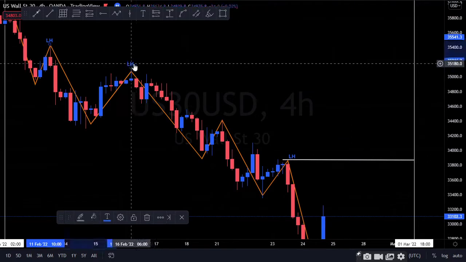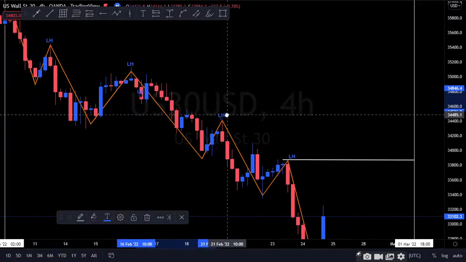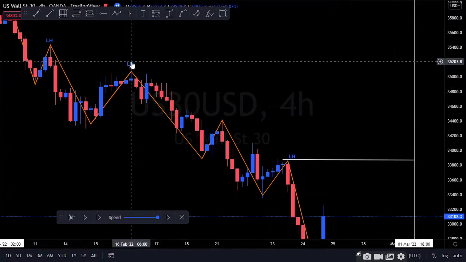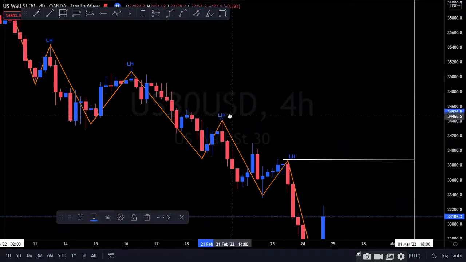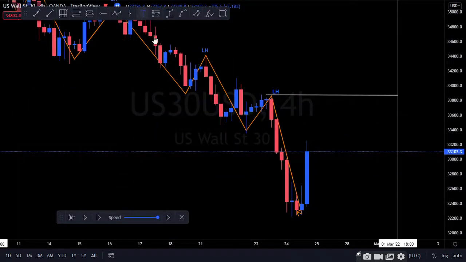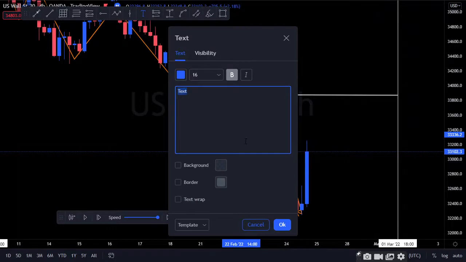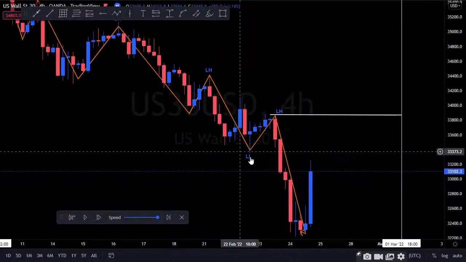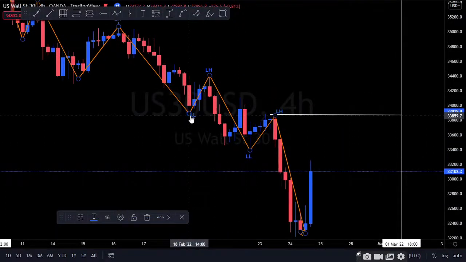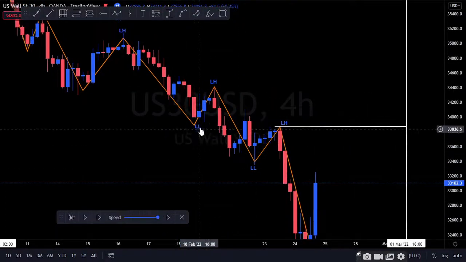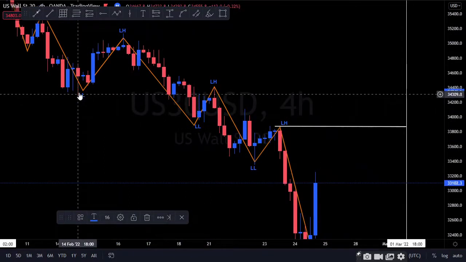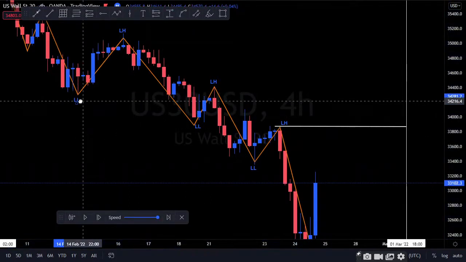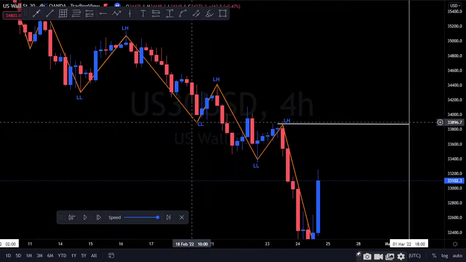So obviously there is no doubt we are forming lower highs. Good. So we have a lower low here, lower lows. A lower low is here, another lower low is here. Let me draw it correctly. Another lower low is here.